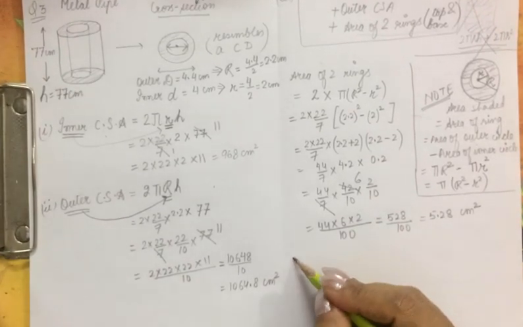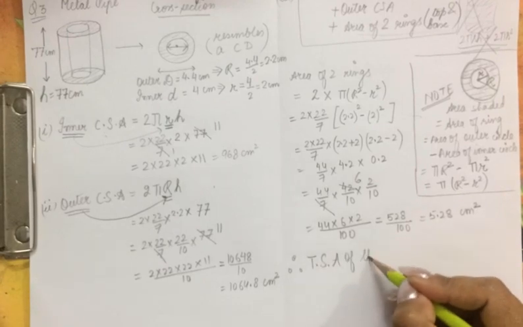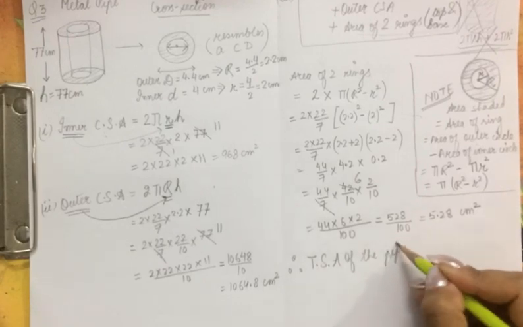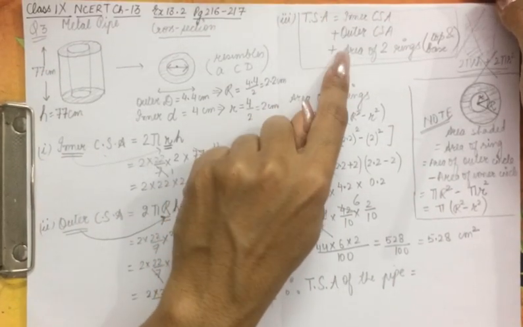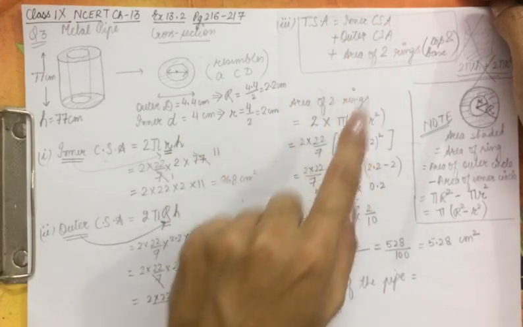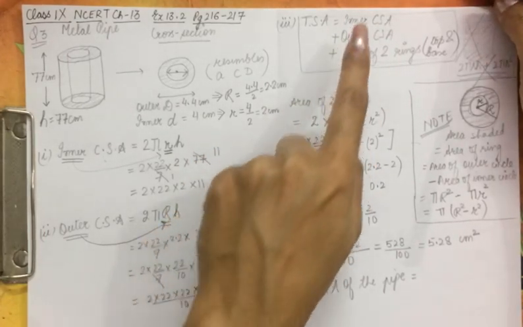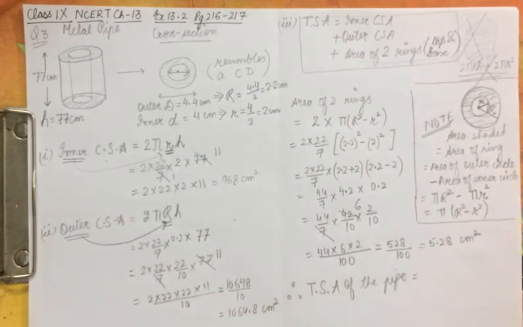Now let's find out the total surface area of the pipe. From what I have written here, I need to add these three: the inner curved surface area, the outer curved surface area, and the area of two rings that I just obtained. So answer number 1 plus answer number 2 plus the answer just obtained.